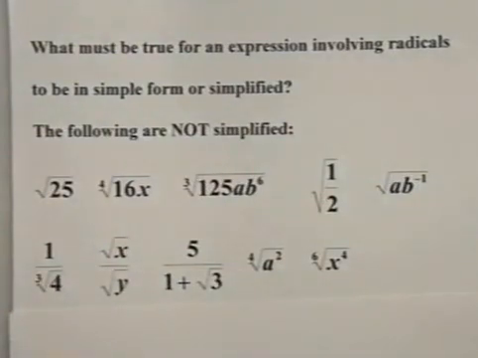Here's another row of examples of radicals we would not want to leave. 1 over the cube root of 4, the square root of x over the square root of y, 5 over 1 plus the square root of 3, the 4th root of a squared, and finally the 6th root of x to the 4th. Well, let's take each of these examples and see what it is that is the no-no about it that we don't want.